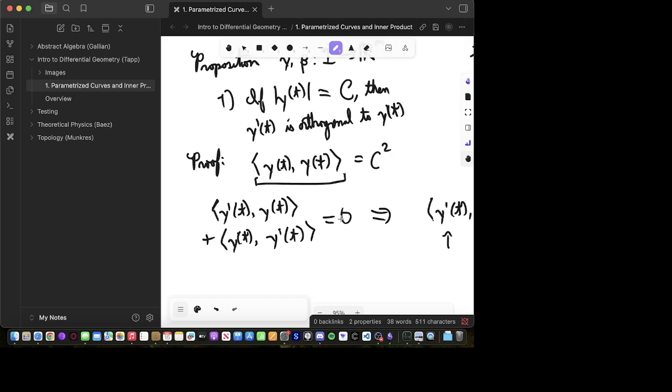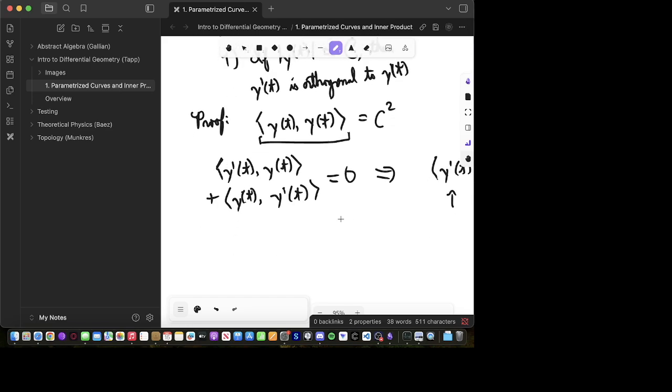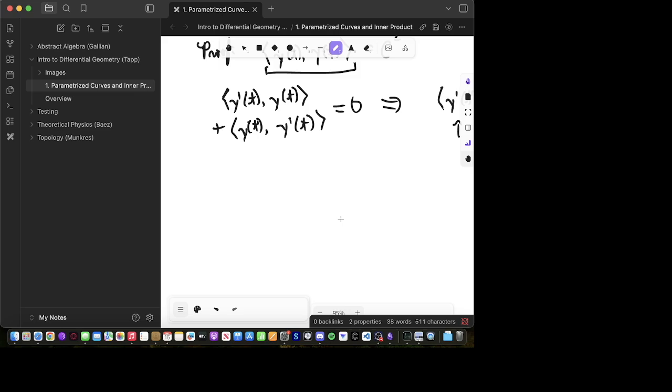So it might seem pretty hard to believe, it's hard to visualize, but I guess the math doesn't lie. So let's move on to the second proposition.